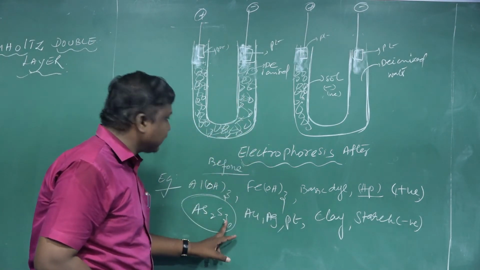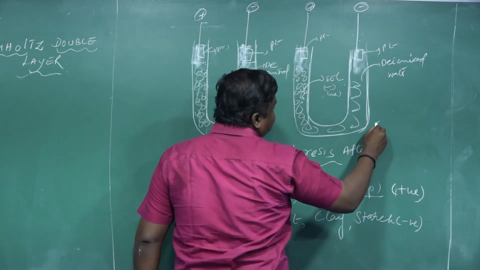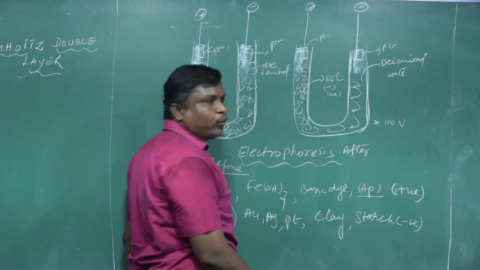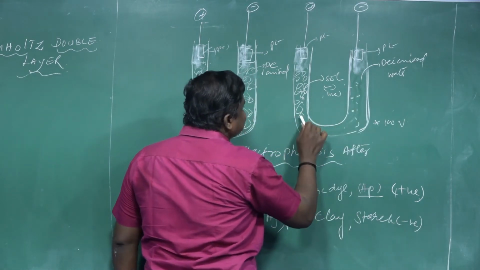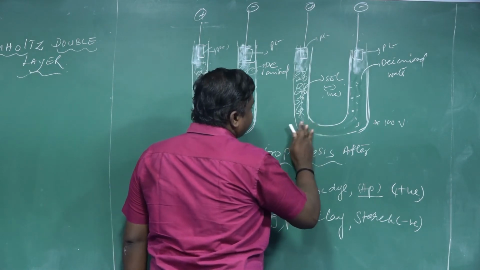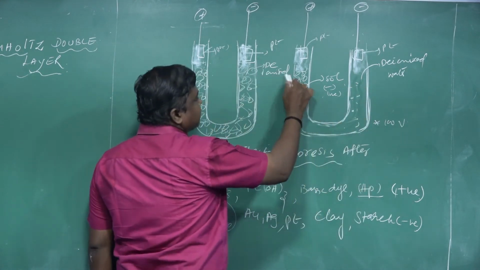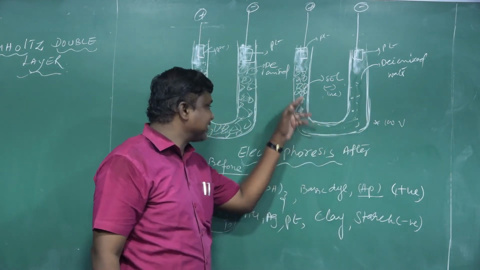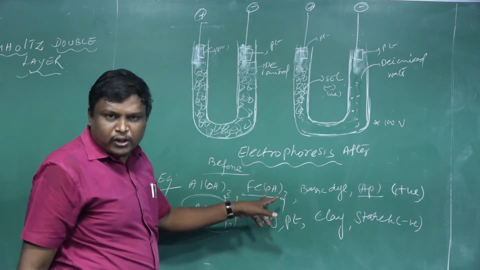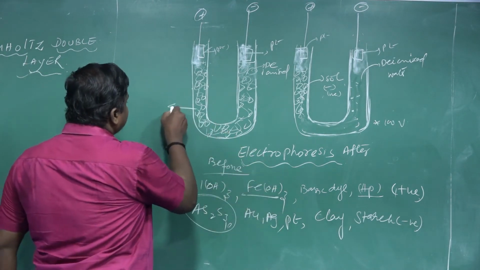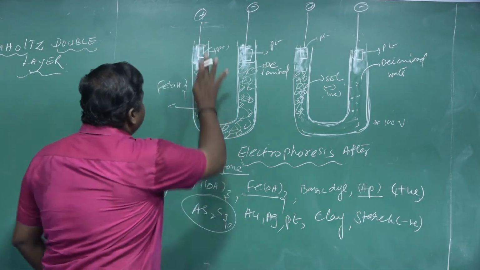When applying an electric field of 100 volts, the negative sol moves toward the positive electrode, the oppositely charged electrode. Suppose you take ferric hydroxide, Fe(OH)3. When the electric field is applied, it moves to the negative side.